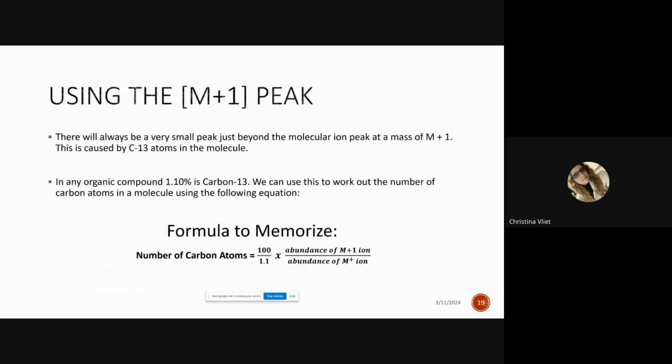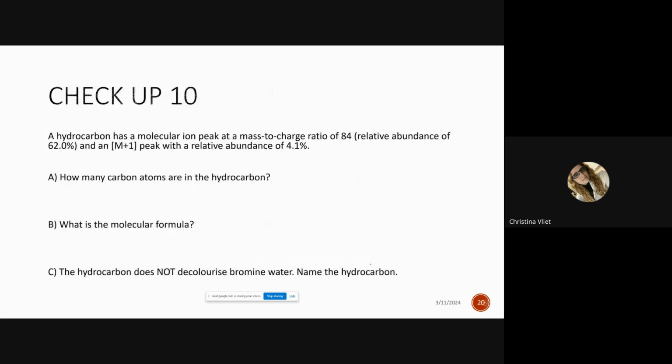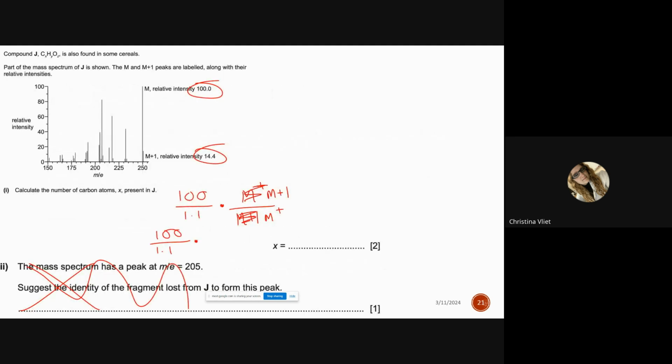It's always smaller over larger if you're unsure. 14.4 over 100. These 100s cancel, so literally all you need to do is 14.4 divided by 1.1. Let's check what that is.